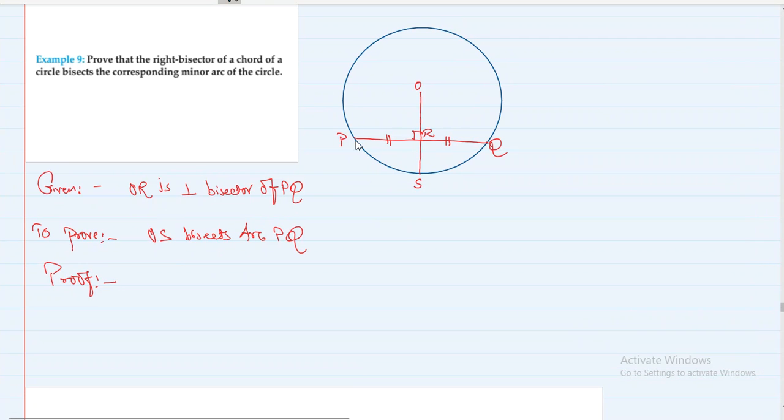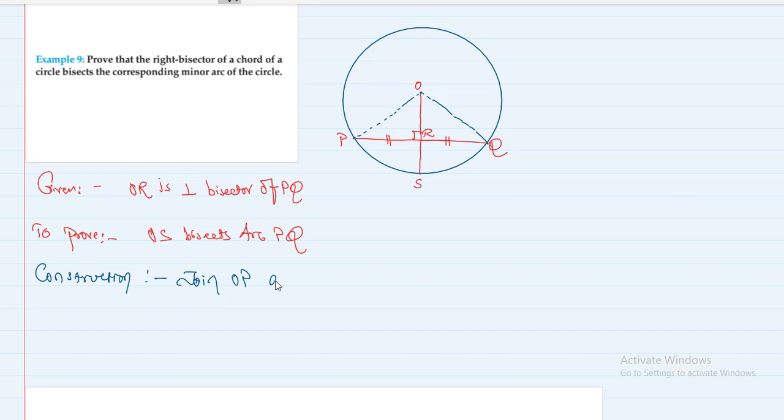Here we have to do one small construction. So before the proof, there is this construction. We have to join OP and OQ. Join OP and OQ.